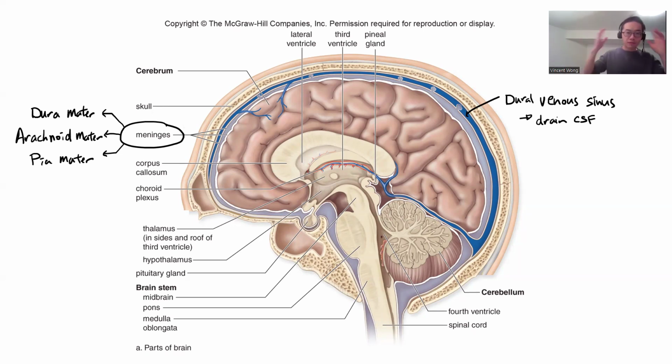What's another protection for the CNS? There's an acronym that goes with it. There's a 3-letter acronym for the thing. What am I talking about, guys? What else protects your central nervous system?